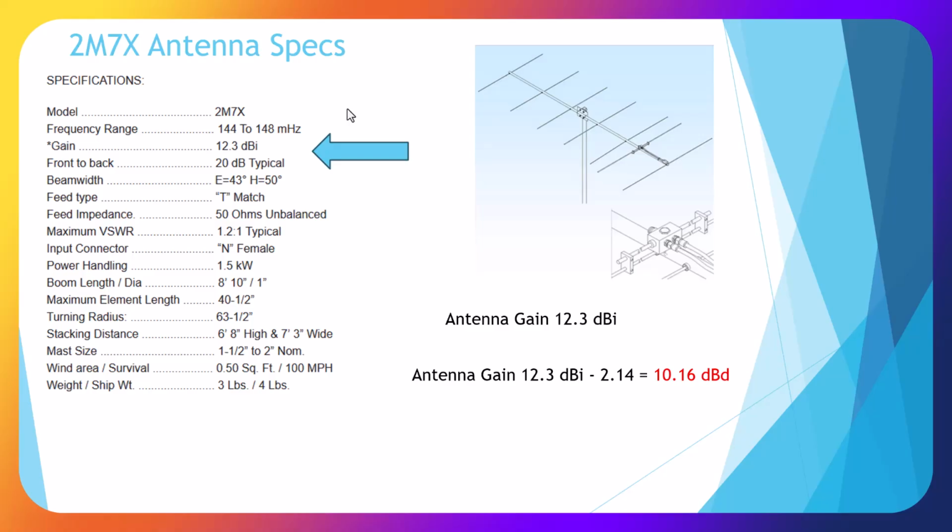Let's take a look at one of our antennas, the 2M7X, and we're going to need two values, the gain in dBi and the gain in dBd, and we're going to calculate our dBd value by subtracting 2.14 from our dBi value, and I got this formula from our other antenna, and we need to confirm that the frequency range of these antennas matches our problem, and it does.